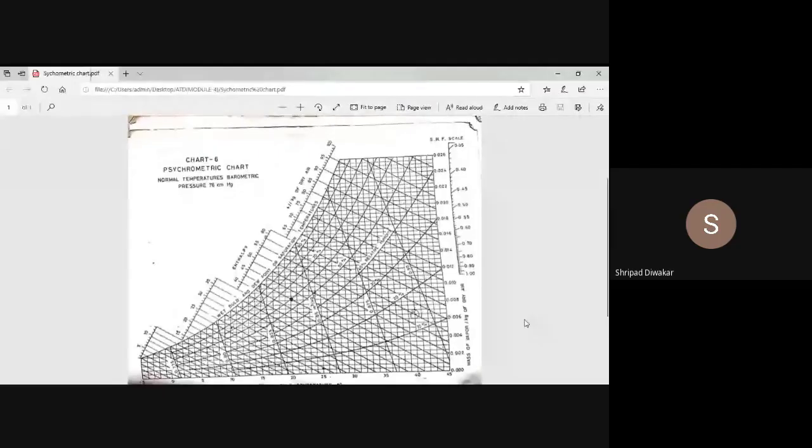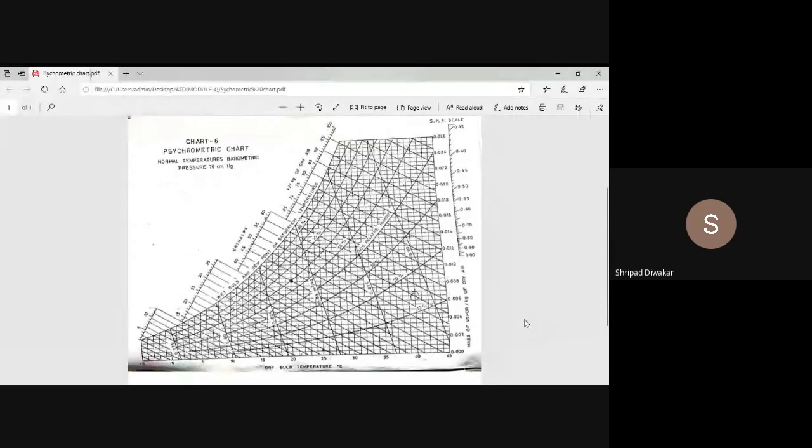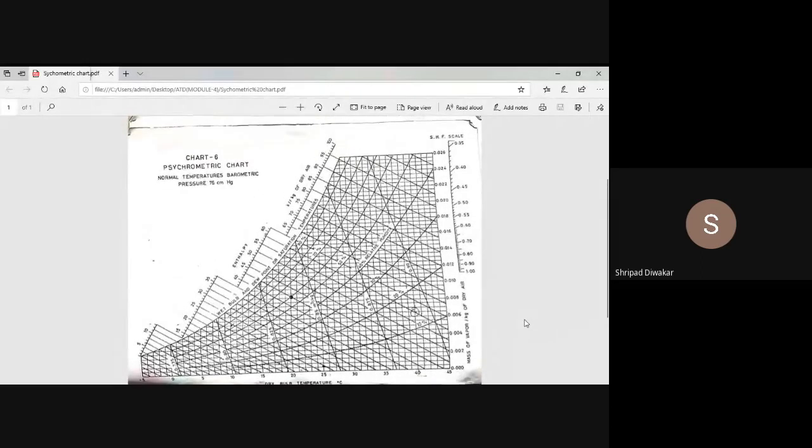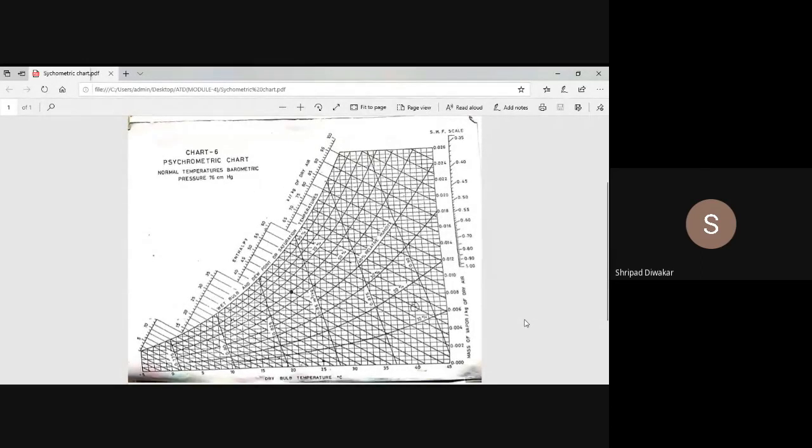So today I'll explain once again the psychrometric chart. This is the psychrometric chart. You can find it at the end of your thermodynamics data handbook, and you will get the data handbook in the exam.